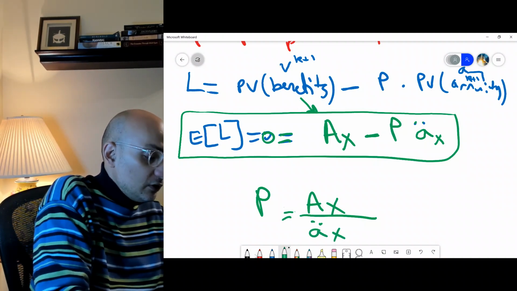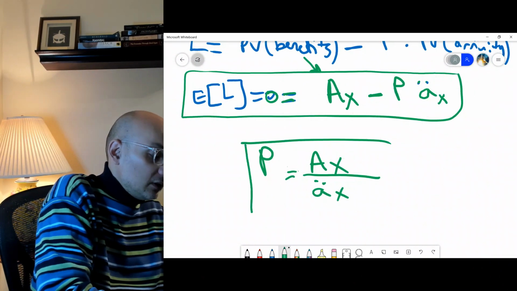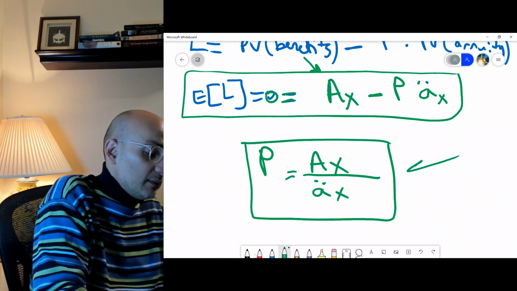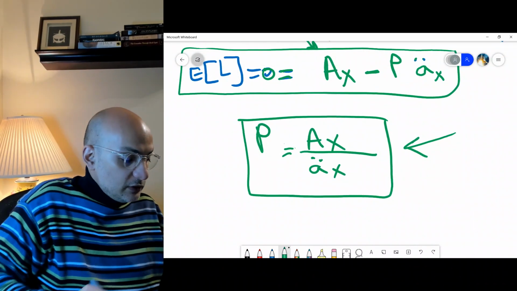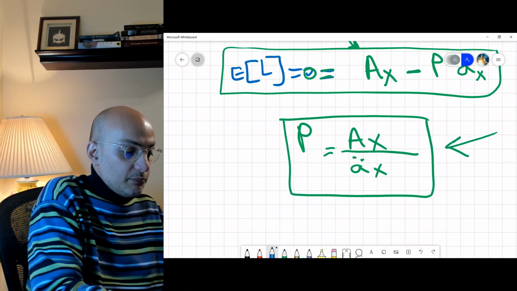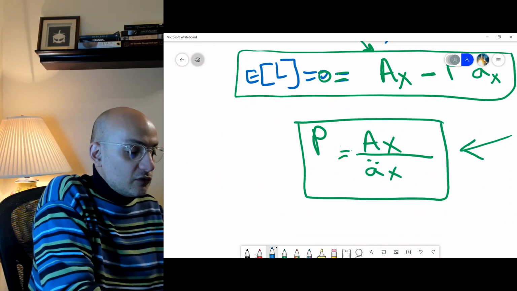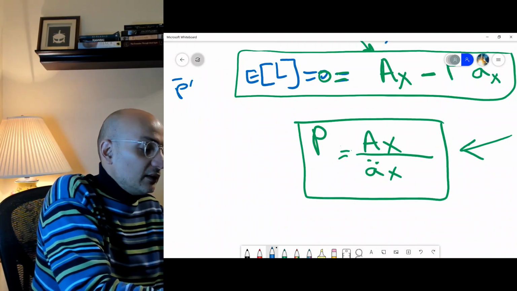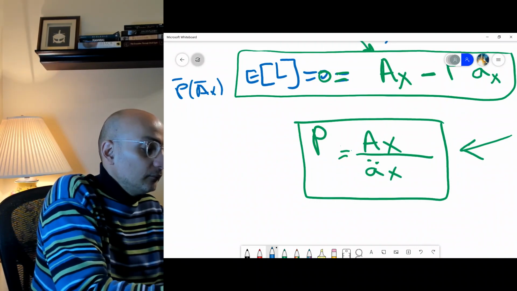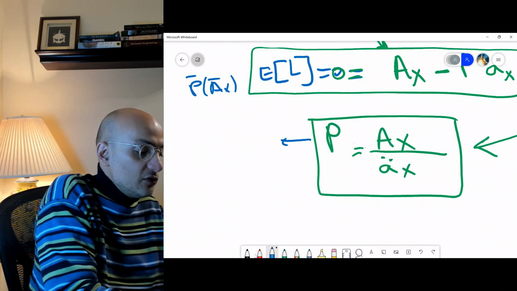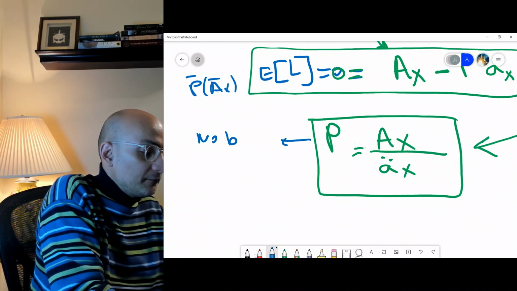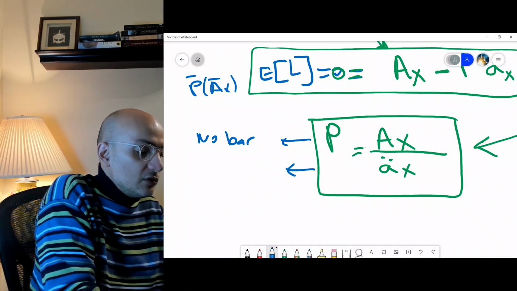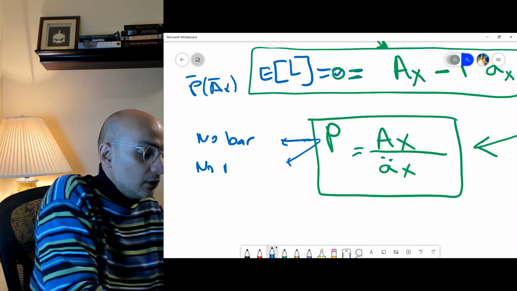What I want you to see, this is very important, right? This we need to know. Always the same case, similar to continuous. I want you to see what you have here, the P. The P, you notice if you compare it with the previous one, it was like this. What you see here, there is no bar, and also for the P, there is no bar, and there is also no A bar, right?